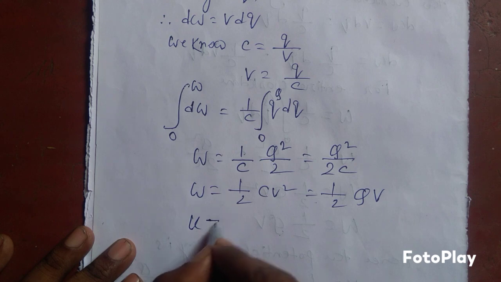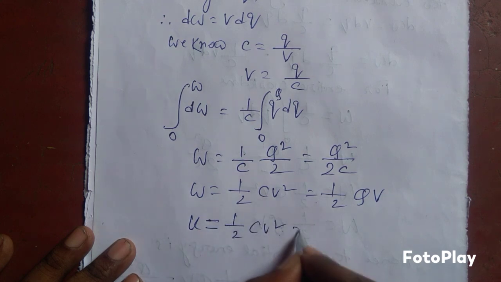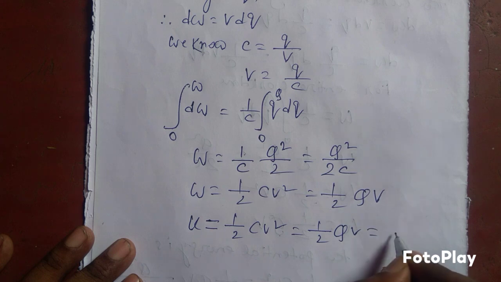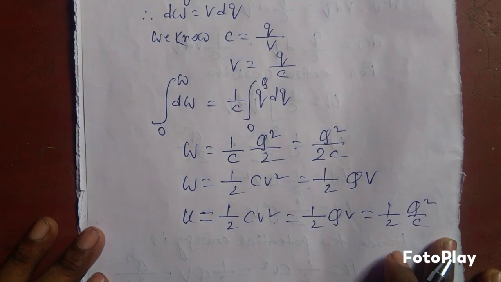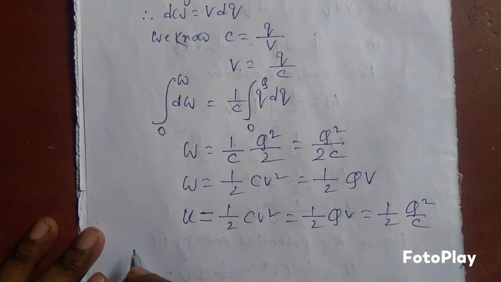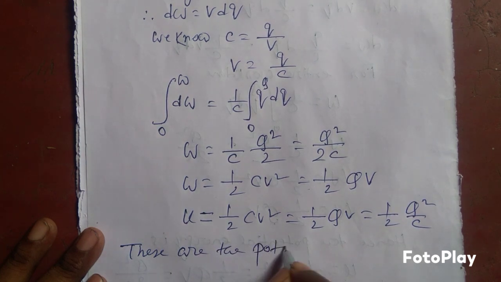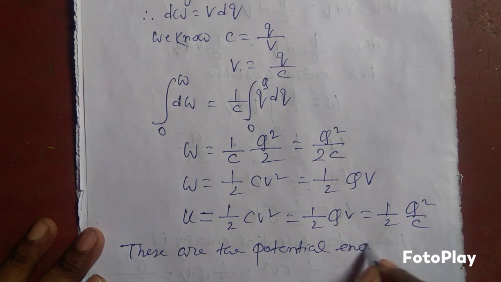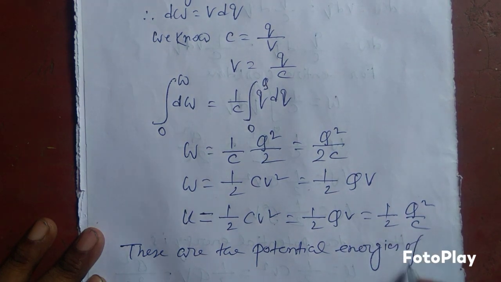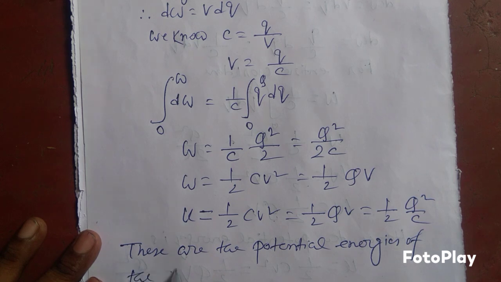So it is denoted by U. U equals half CV square, half QV, half Q square by C. These are the potential energy of the capacitor.